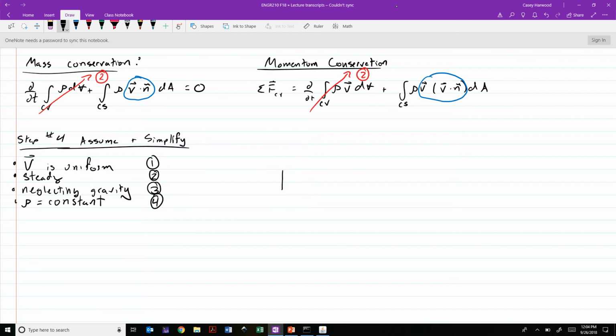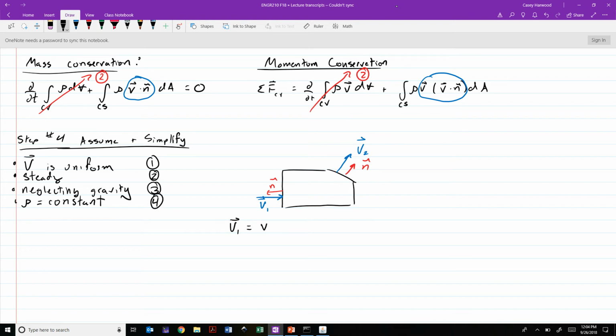So let's quickly draw a little sketch again of our control volume. We've got normal vector here, normal vector here, V1 here, and V2 here where it exits. I like to make a little table that says V1 is equal to what in our Cartesian coordinate system?